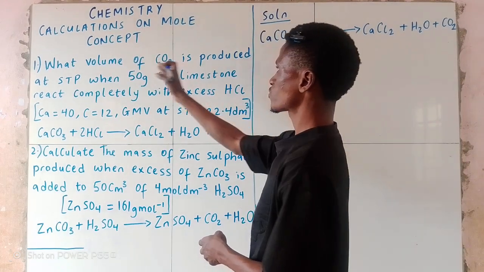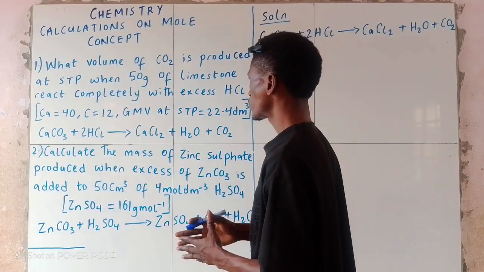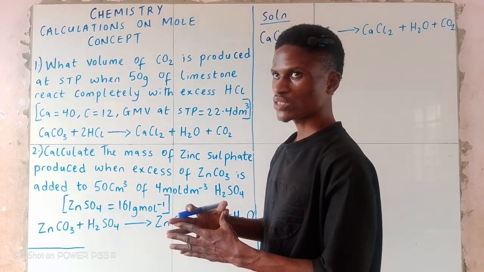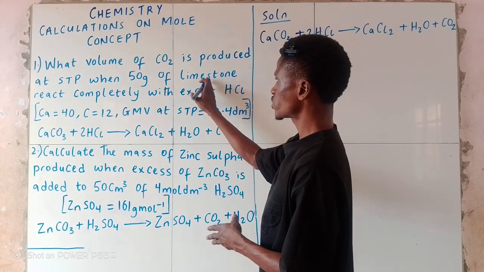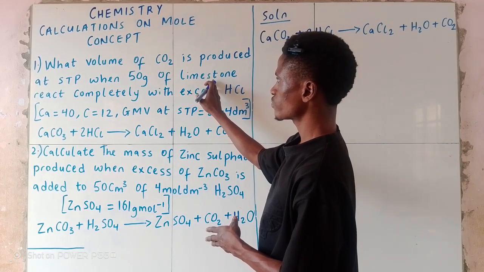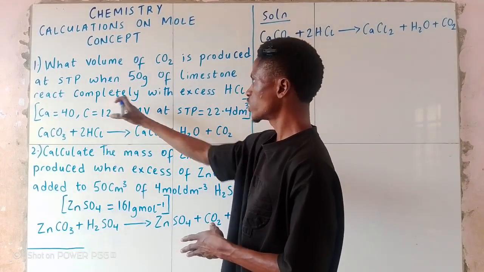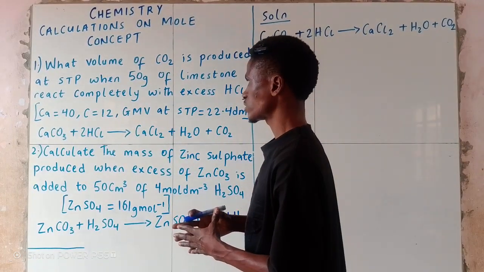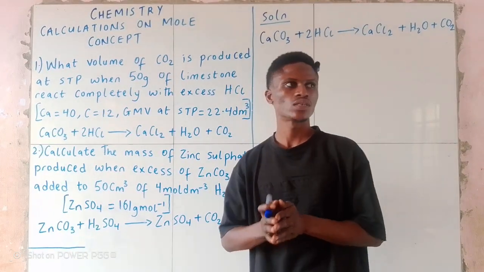It's produced at STP when 50 grams of limestone, which is calcium carbonate, reacts completely with excess hydrochloric acid.